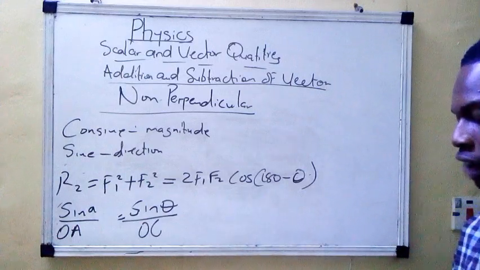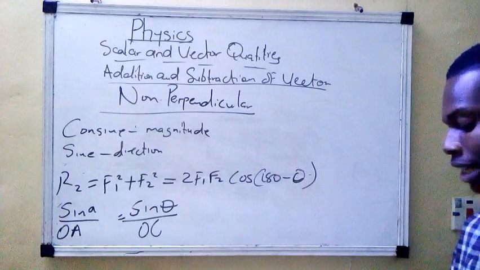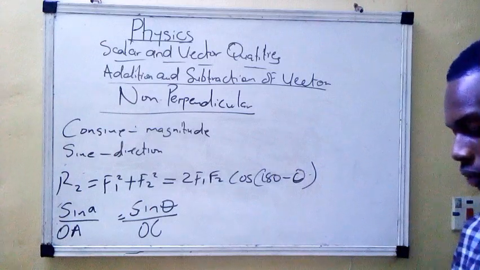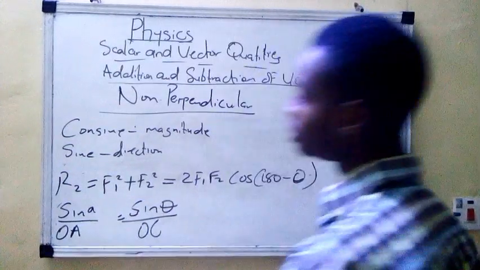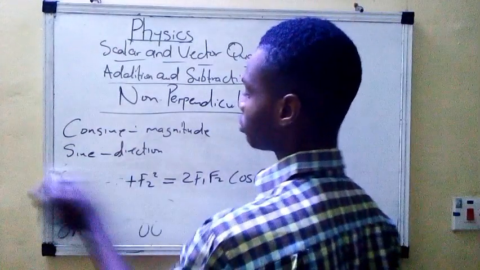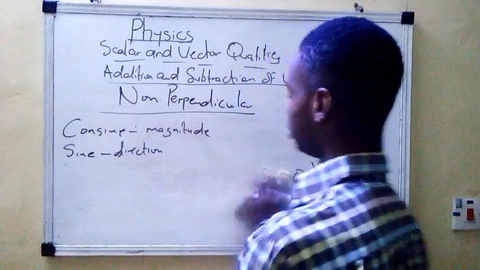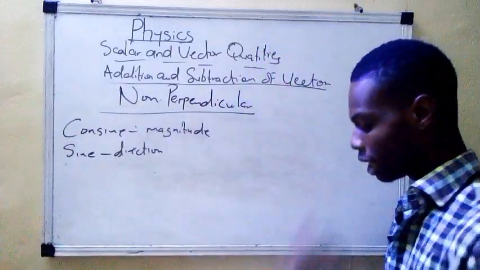Now let's go, if F1 and F2 is inclined at 60 degrees to each other. The same cosine and sine rule.